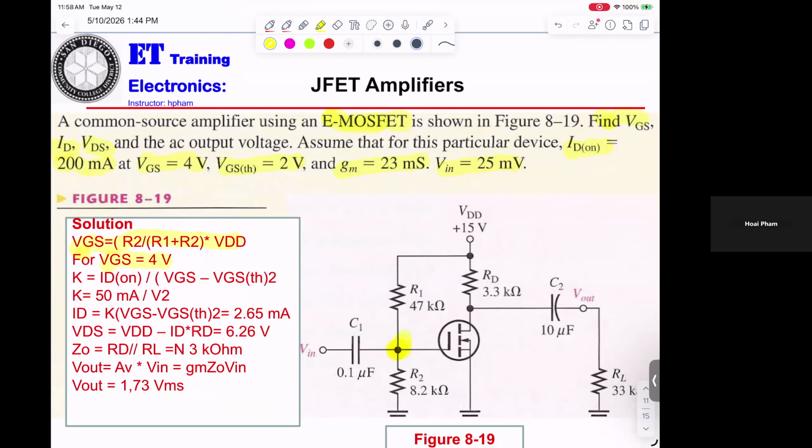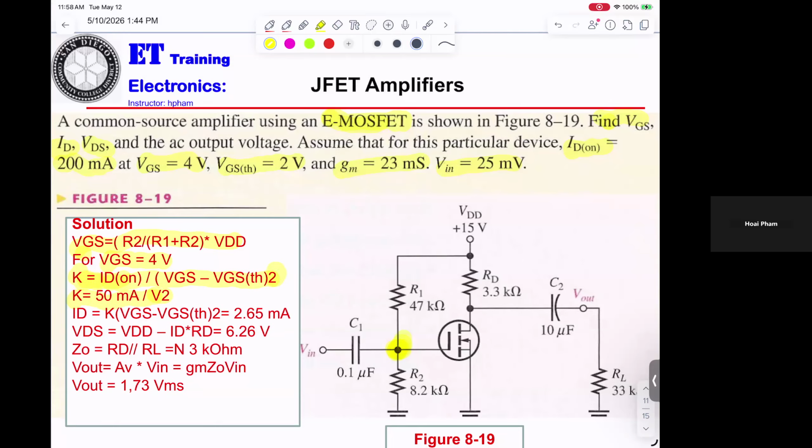And you need to calculate the K. The K will be equal ID on divided by VGS minus VGS threshold squared. So K equals 50 milliamp per volt squared.